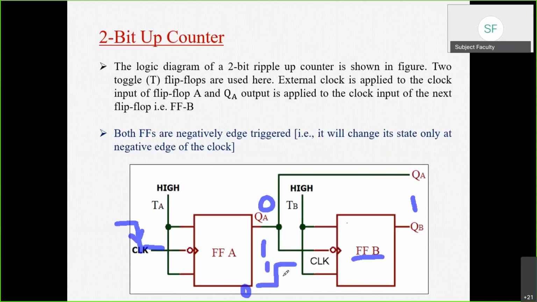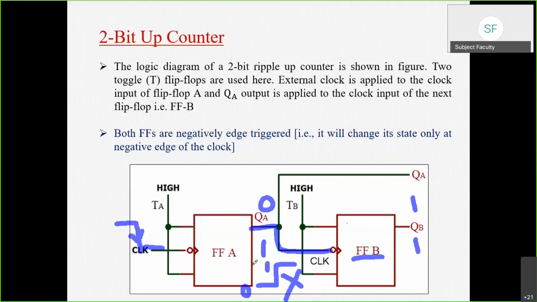So there will be no change on the positive edge because this QA is connected to the clock of flip-flop B. But we know that our flip-flop is negative edge triggered. That means only when there is a negative edge, the flip-flop output will change. But here it is a positive edge, so this flip-flop output will remain as it is.